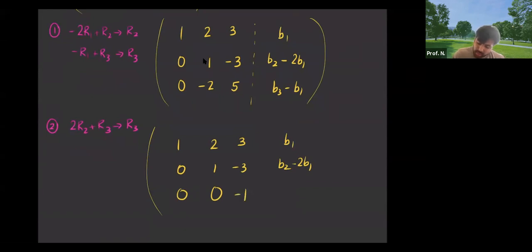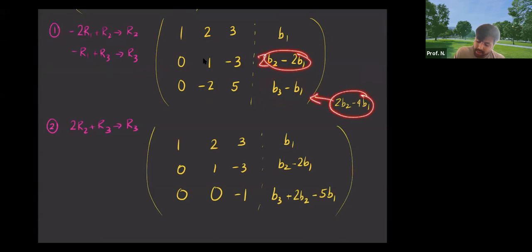And then this becomes 2B2 minus 4B1, and I'm adding that to B3 minus B1. So I get B3 plus 2B2 minus 5B1. I'm taking the second row, multiplying this entry by 2, and adding it to this. So then I get this.